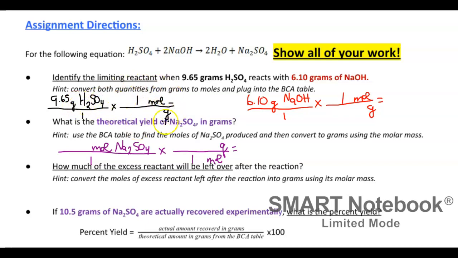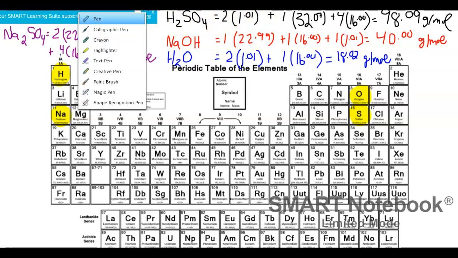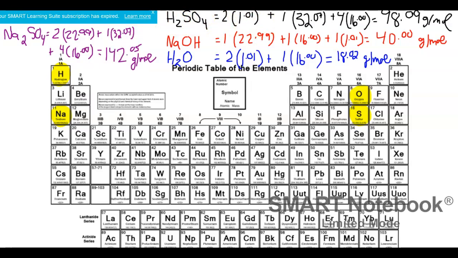For my conversion factor here, I have grams on the bottom to cancel and moles on top. So I need to get the molar mass of H2SO4. I'm going to go to my periodic table. Right here we've got H2SO4. There's 2 hydrogen. Hydrogen's mass is 1.01. There's 1 sulfur. Sulfur's mass is 32.07. And we have 4 oxygen. Oxygen's mass is 16.